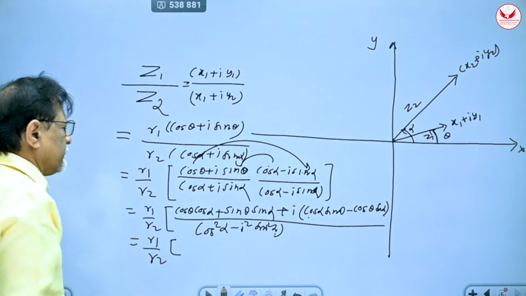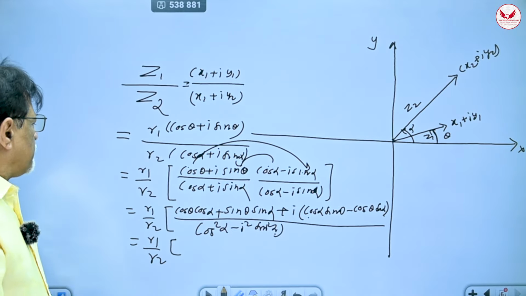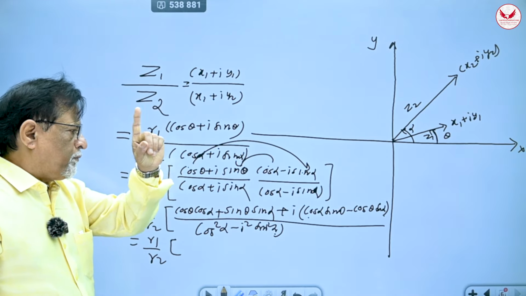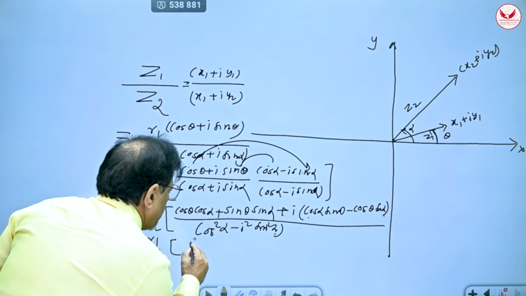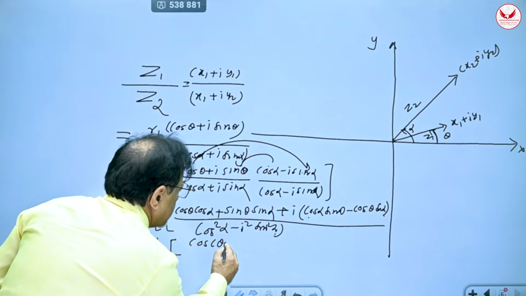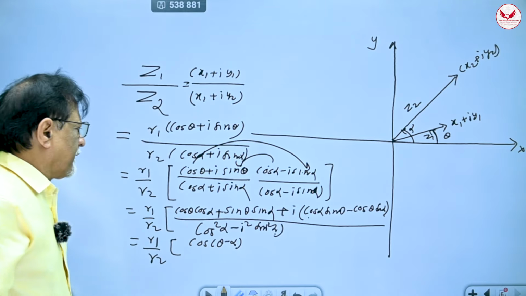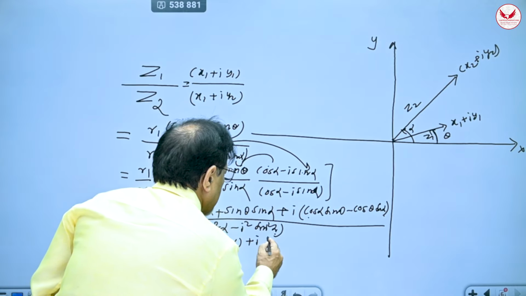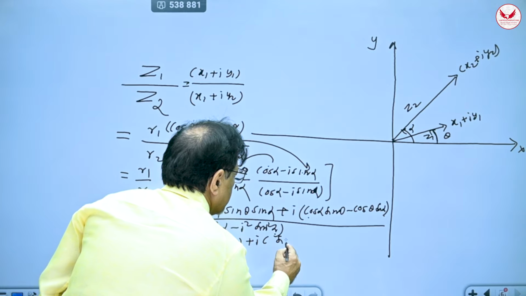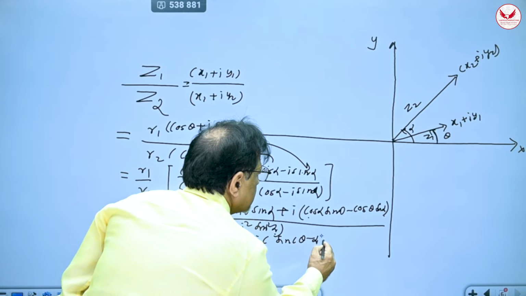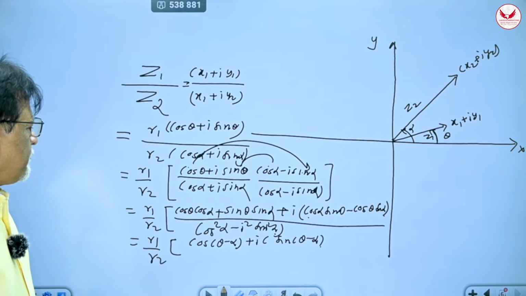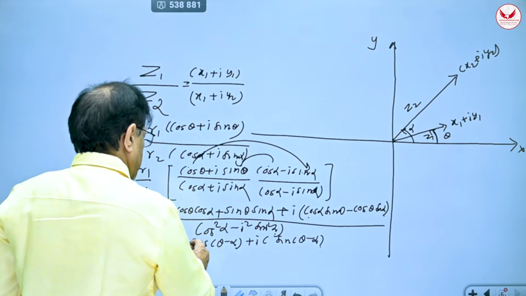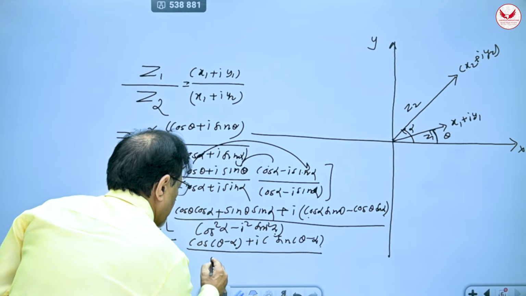Which gives me R1 upon R2 is equal to what? Very interesting. This is cos A cos B plus sin A sin B. If you recall from trigonometry, this is the formula for cos of theta minus alpha, right? And this is the formula for sin of theta minus alpha. And the denominator gives you what?